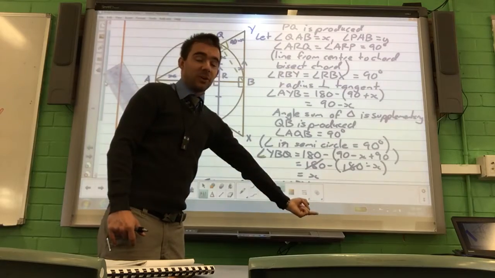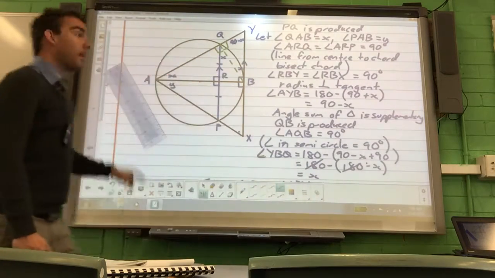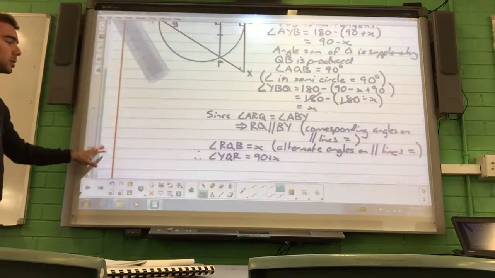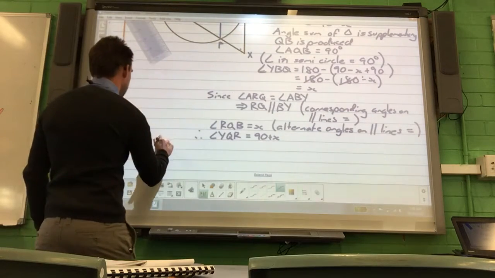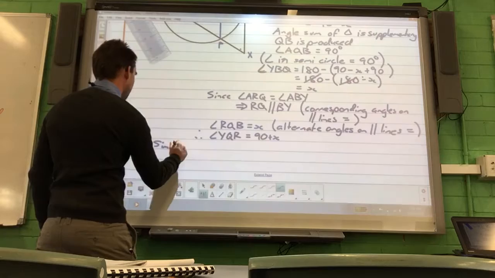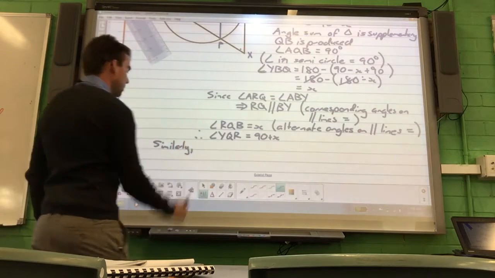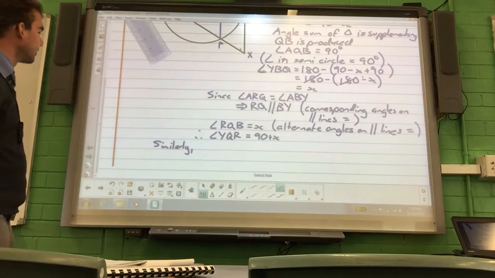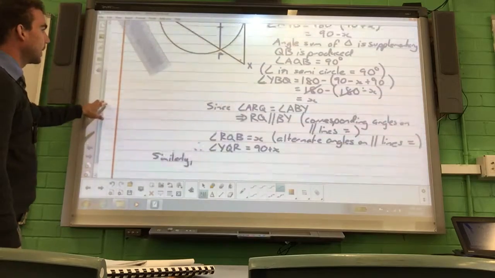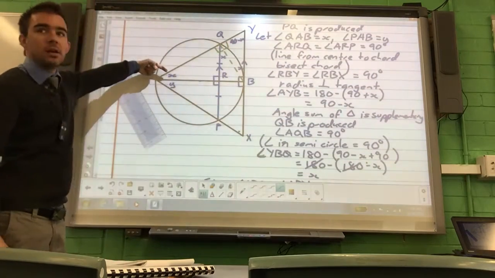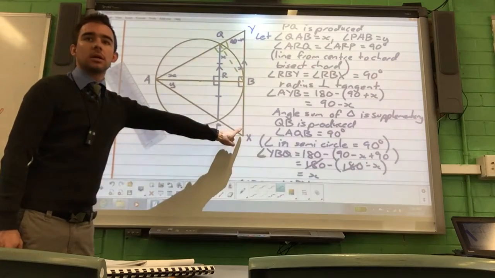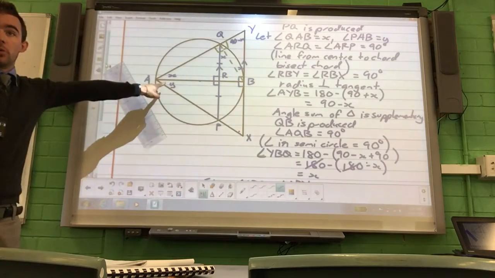Alright, you are not required to do it again. Because of the same structure, and you can recognise the pattern, all we need to do here is say similarly. Okay, so if this was 90 take away the variable here, the angle down here is going to be 90 take away that variable there.